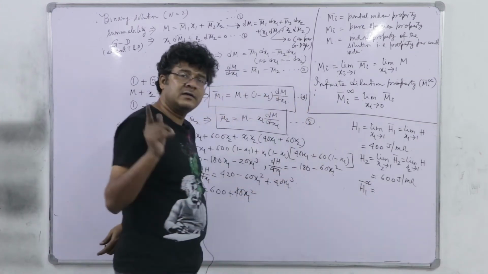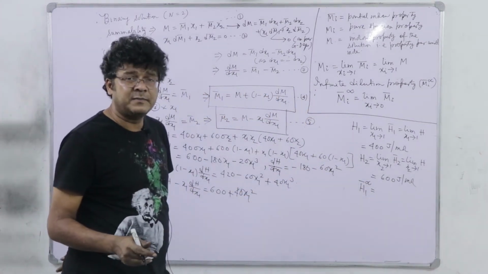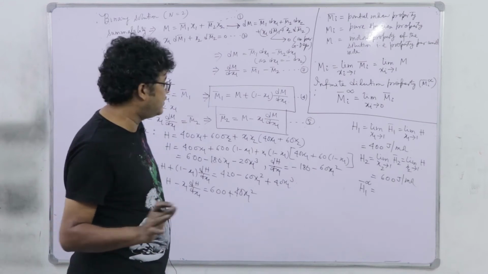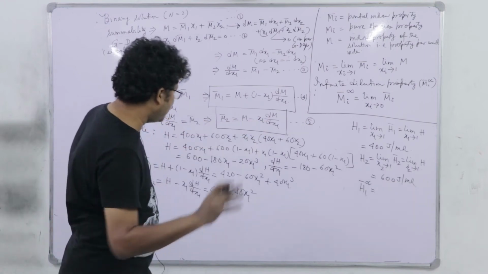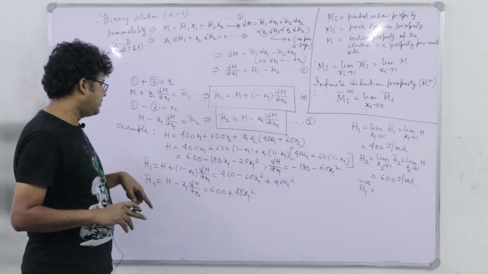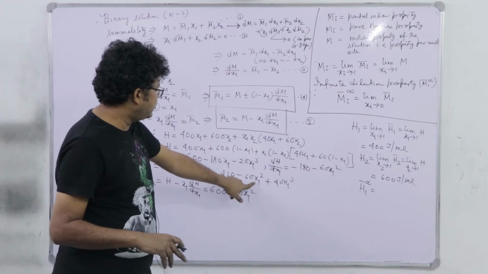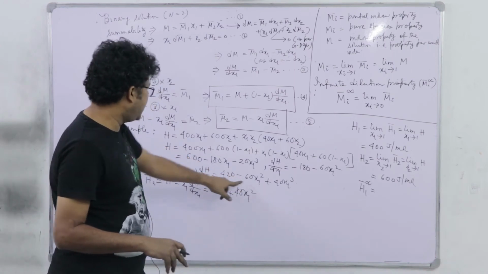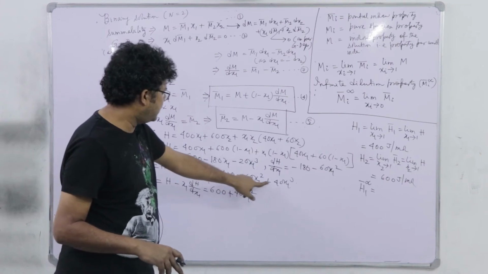Now, let us solve for H1 bar infinity. For that, we require the H1 bar expression in terms of x1, x2. We cannot solve it from H, unlike the previous case of pure property. So, H1 bar when x1 tends to 0, this vanishes.